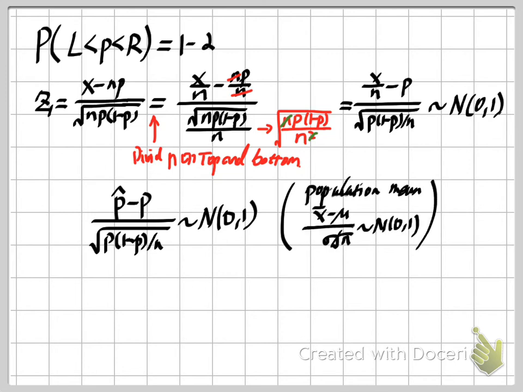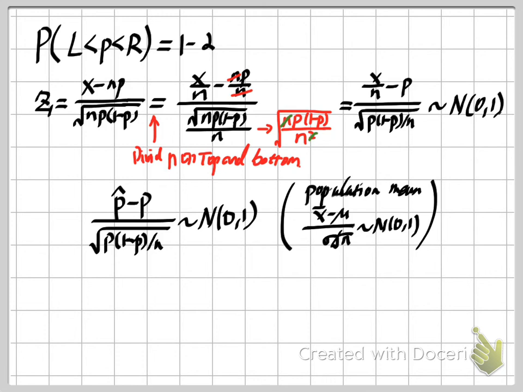The structure of these two equations is the same: the estimator minus the population parameter, divided by the standard deviation of the estimator, follows a standard normal random variable. I will skip how to rewrite this to get our left endpoint and right endpoint. You can look at my previous videos about the confidence interval of a population mean when the variance is known to get this step.